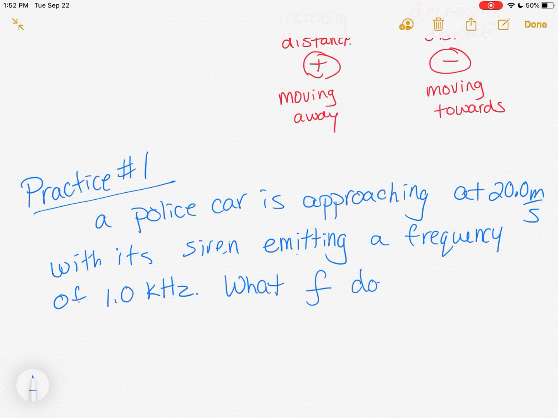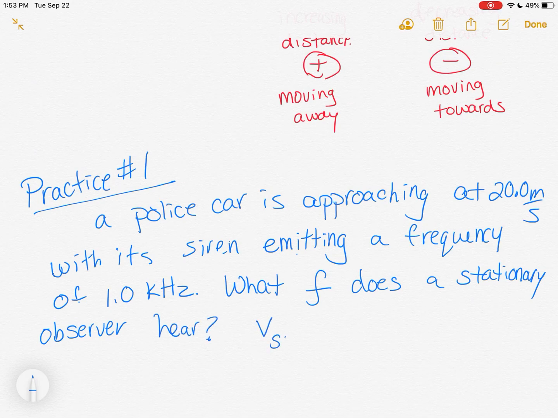What frequency does a stationary observer hear? And we're given the speed of sound in this case. So they gave us the speed of sound was 330 meters per second.